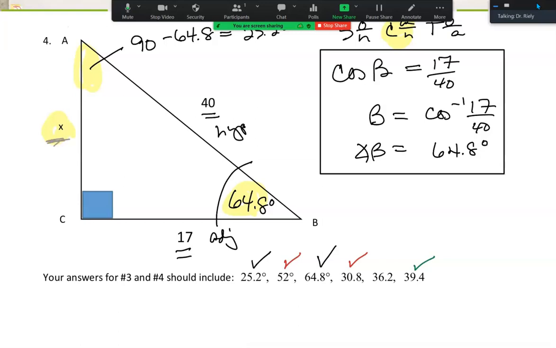I want to figure out what x is. So I'm going to use the 64.8, and from that angle's perspective, this is the opposite, and this is still the hypotenuse. Opposite over hypotenuse means I'm not going to use cosine this time, but instead sine.